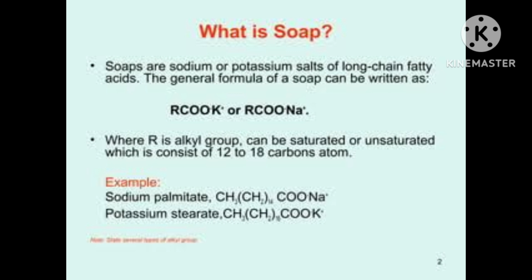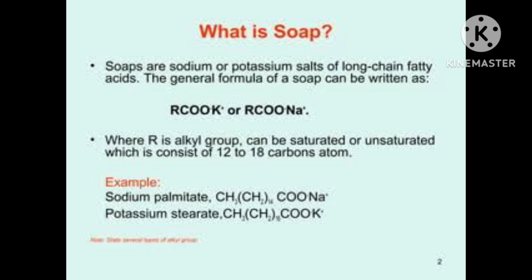But here, other than bicarbonate means calcium chloride, magnesium chloride, calcium sulfate, magnesium sulfate, particularly chloride and sulfate of calcium and magnesium. If they are present in water, then that water has permanent hardness.